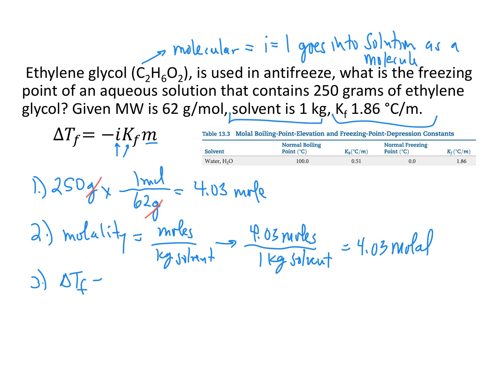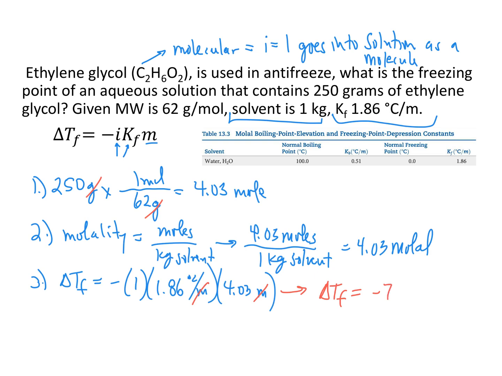So my change in freezing point for this would be my negative Van Hoff factor. So 1 is my Van Hoff factor, my freezing point constant, 1.86 degrees Celsius per molal, and the molality of this solution, 4.03 molal. So when I multiply, again, my molality cancels out, and it leaves me with my change in freezing point equals negative 7.5 degrees Celsius.